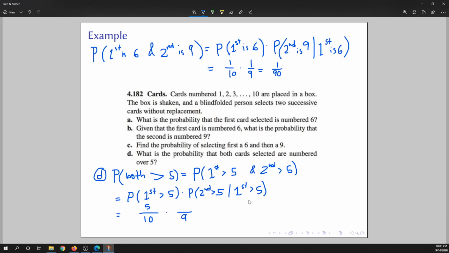Given that on the first draw we drew out a card with a number bigger than 5, there are now only 4 cards in the box with numbers bigger than 5, because one of them got drawn in the first. We don't know what that is, but we know there's got to be 4 left in there. So you wind up with 20 over 90, or 2/9, for that probability.